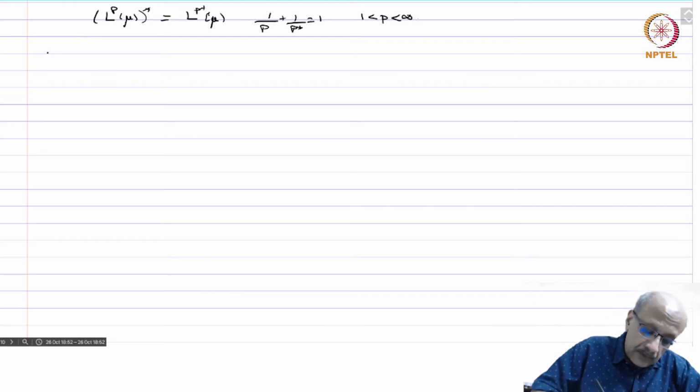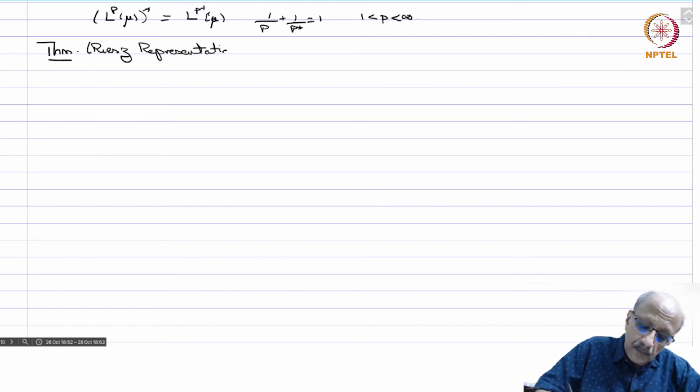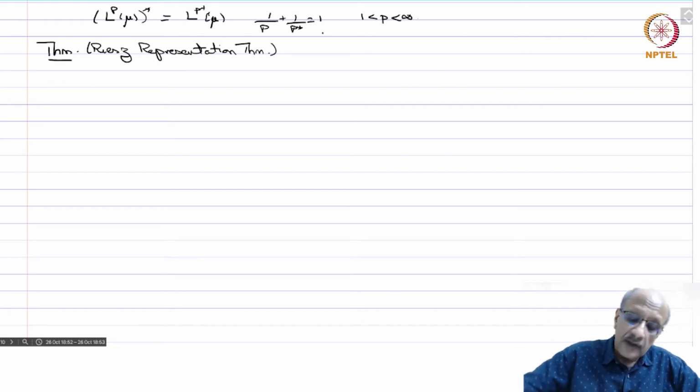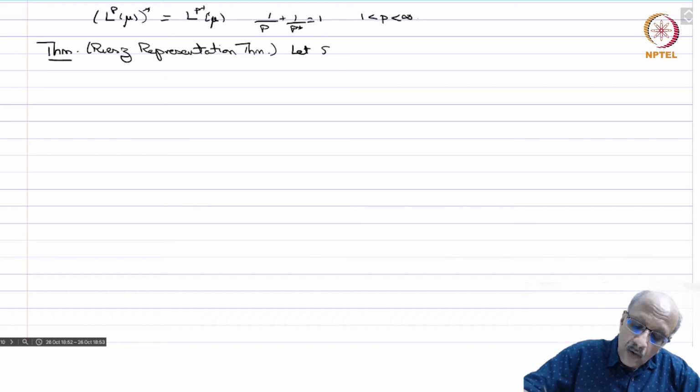So, theorem. This is also called a Riesz representation theorem. Let omega contained in R^n be an open set.